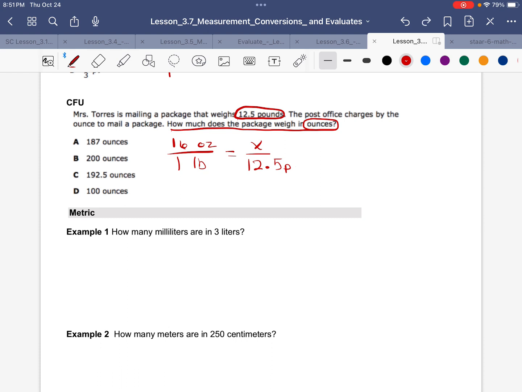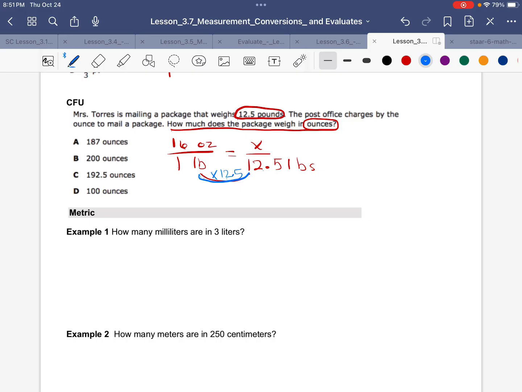So now let's see what we can do. Go from here to here. 1 to 12.5, you literally just multiply by 12.5. 1 times 12.5 is 12.5.